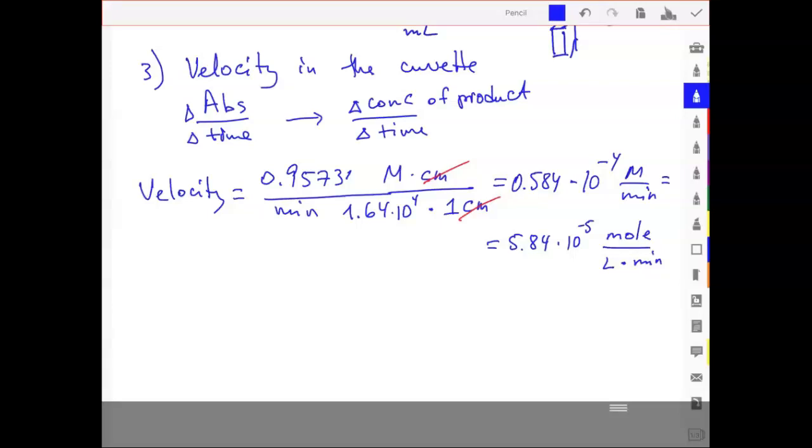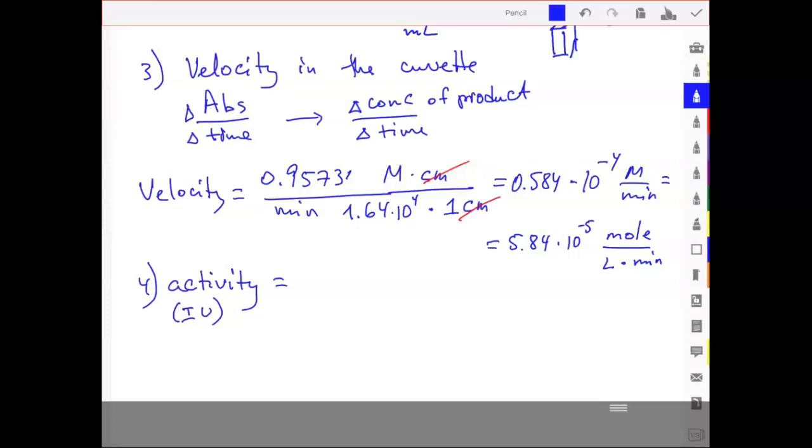And from here, the next measurement, or first calculated, is going to be activity. And activity measured in international units of activity is basically, we need to convert velocity to get rid of the volume in there. So activity is going to be measured in terms of micromoles of product produced per minute, micromoles, not micromolar, okay?